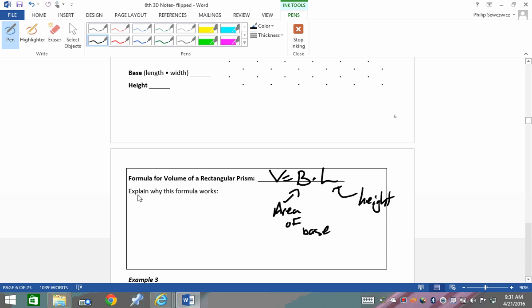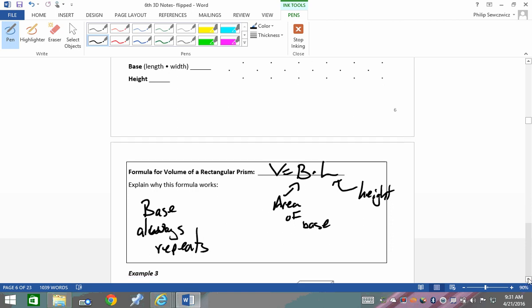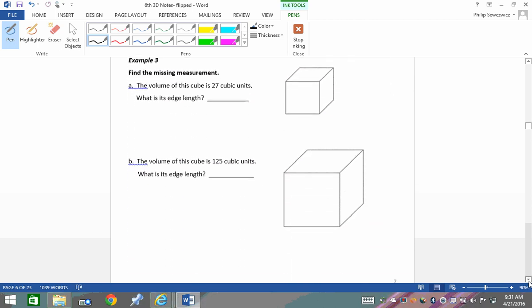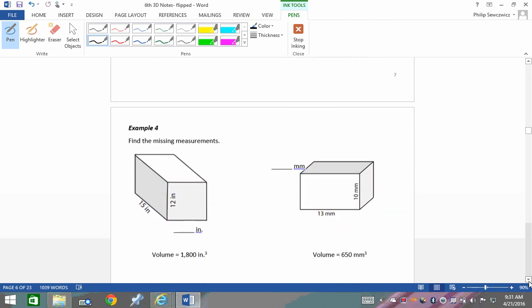Well, if we think about it, the base always repeats, so as you stack it on top of it, it repeats over and over again. That's why if you find the area of just the base and multiply times the height, you'll get the entire volume that you are after. So we're going to skip those two guys, and we're going to move along.